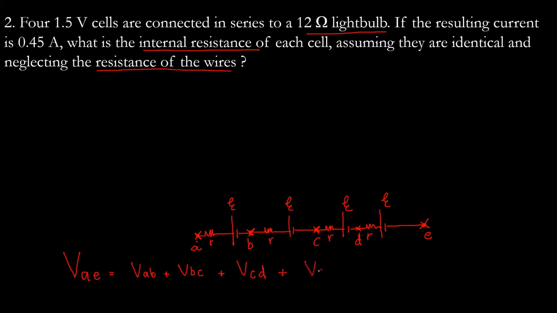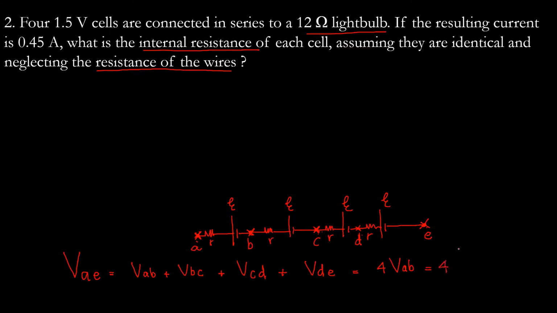So the voltage across the 4 cells is the addition of all the 4 voltages. And we also know that these 4 are exactly the same. They have said that they are identical. In other words, I can just write 4 times VAB, right? VAB is the voltage across one cell, the first one. Since all are identical, the addition is similar to 4 times VAB.